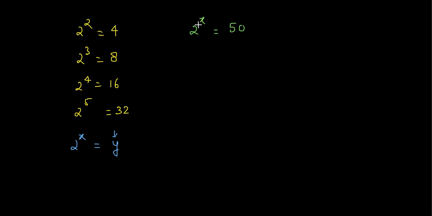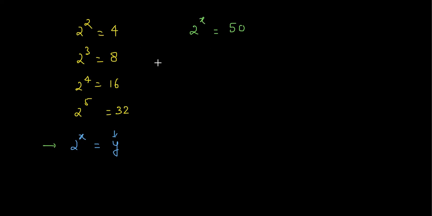Now, as you can realize, in this case I know the output, which is 50, but I do not know the value of input. Earlier I knew the input and I was finding out the value of output, but here I know the value of output, but I need to find out the value of input.